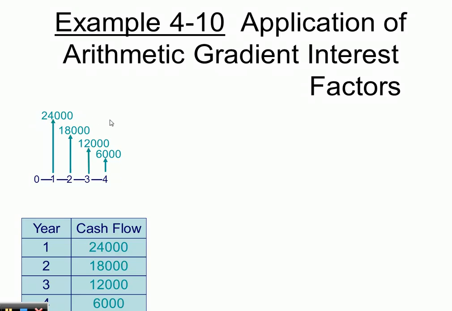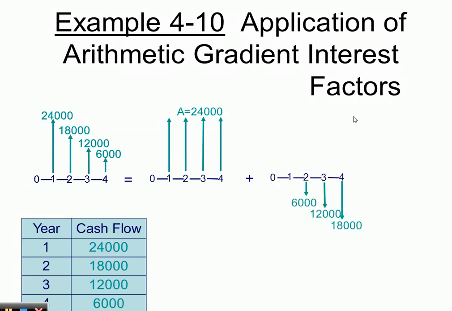So it's going to be our A. And if in fact this is what we're going to have, we represent this as a uniform series with a uniform series amount of 24K, and we have the negative gradients. So it's going to be pointing down starting at year 2.